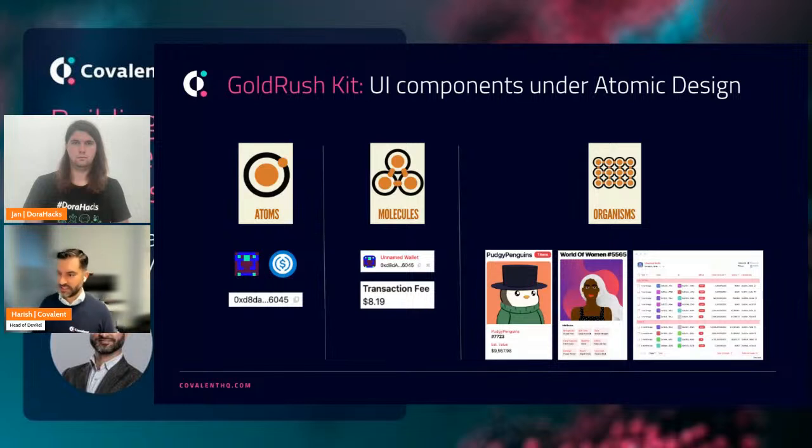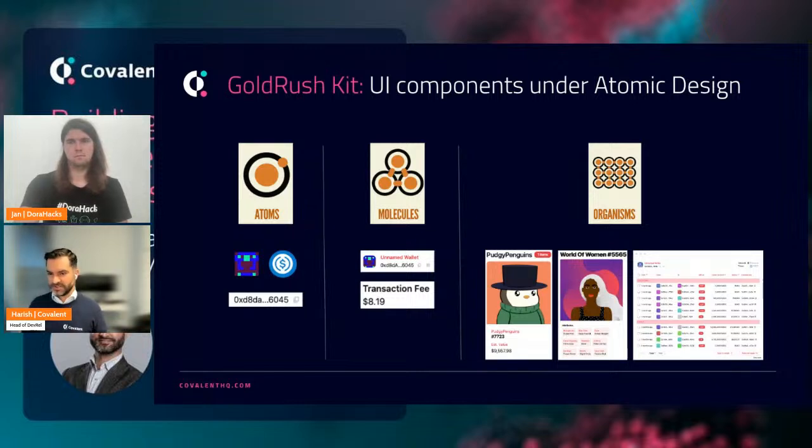The idea is that you can build really beautiful, compelling user interfaces that are very modular by using this atomic design framework. You start with the very fundamental UI components, which we refer to as atoms. And then you combine these atoms together to form molecules, which are slightly more complex UI components.